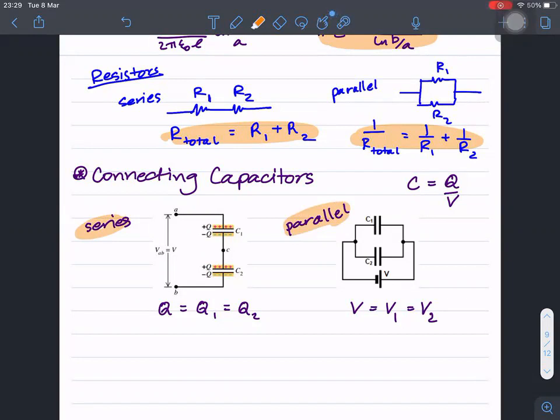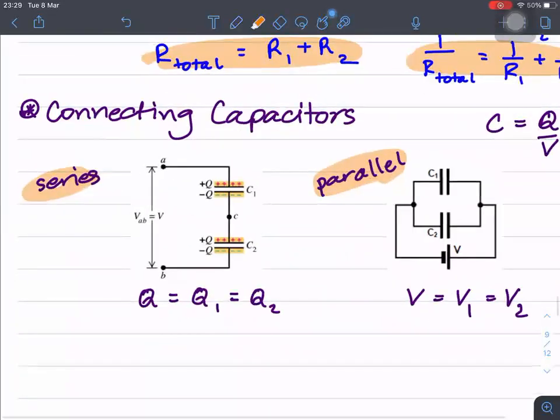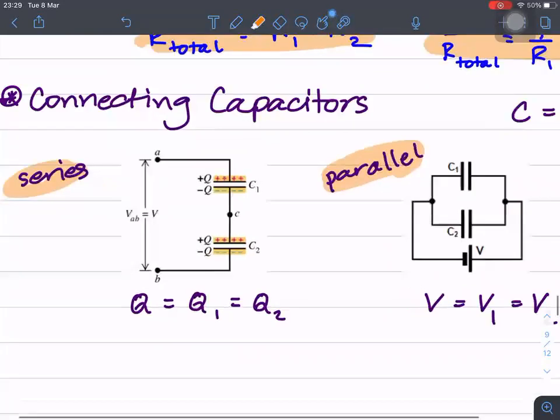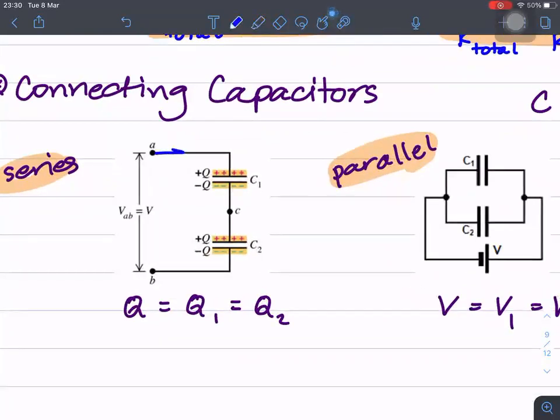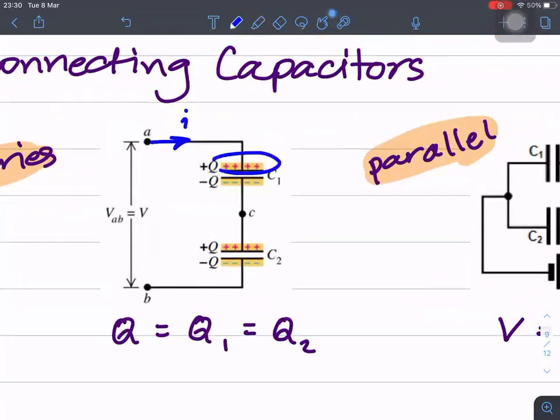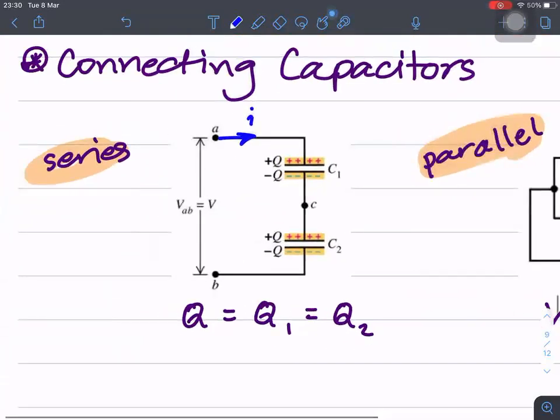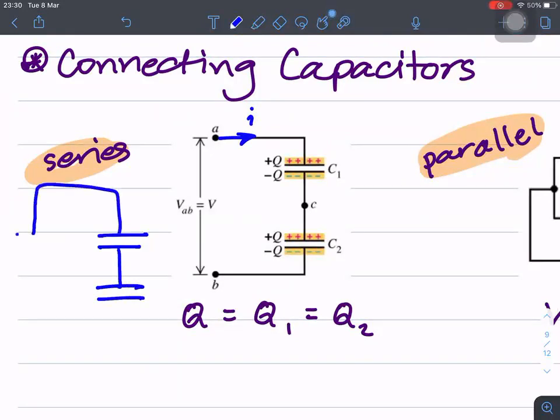Let me prove something for you first. If I start by considering the series connection, maybe I have two capacitors connected in series like this, and I give it a voltage by applying a DC voltage.